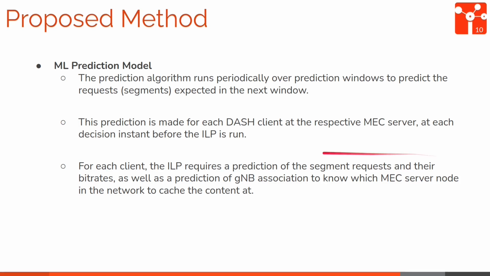Here the requests refer to video segments, and this prediction is made for each DASH client respective to the MEC server at each decision instant, before the integer linear programming is run. For each client, the integer linear programming requires a prediction of the segment requests and their bit rates, as well as the prediction of gNodeB association, to know which MEC server node in the network should cache the content.